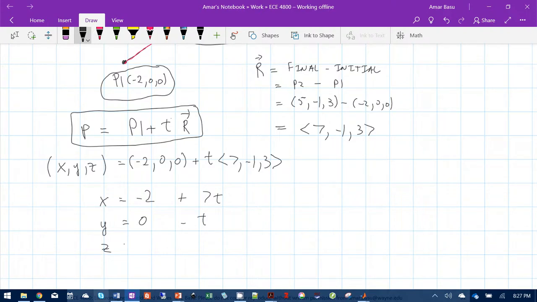Z equals 0 plus 3t. All right. Again, everyone with me here? This is a really easy way to parameterize a straight line. If you have 2 points in space, and I tell you, give me an equation for that line, this is how you do it. Use a parameter.